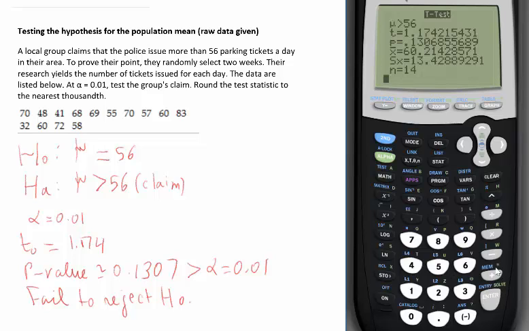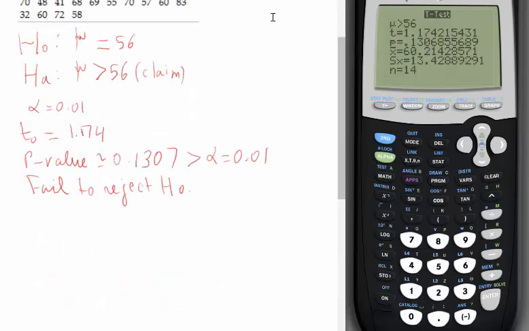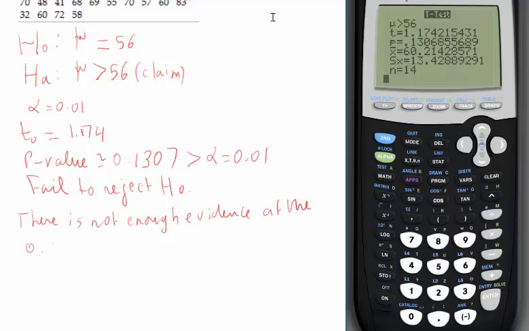Write something that a reader can understand. So what do we write here? Once you put the word fail, you have to have the word not. There is not enough evidence at the 0.01 level of significance to support the claim, because the claim is in HA and we fail to reject H0.